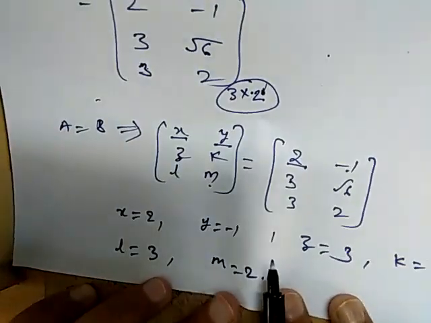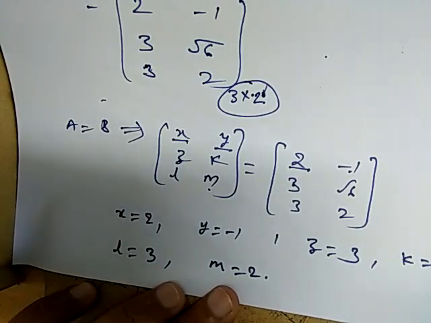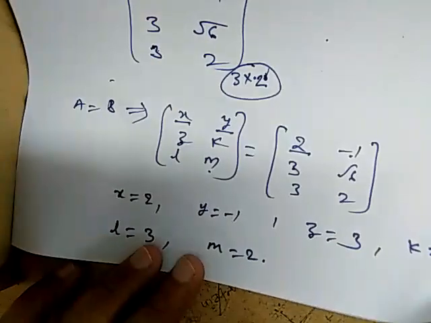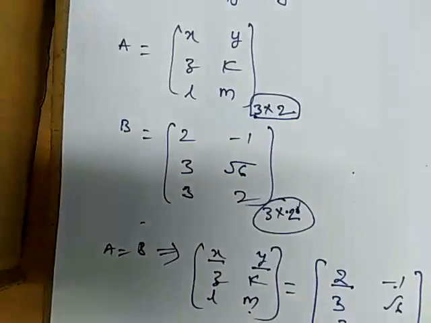Therefore the values of x, y, z, k, l, m are 2, minus 1, 3, root 6, 3, 2 respectively.